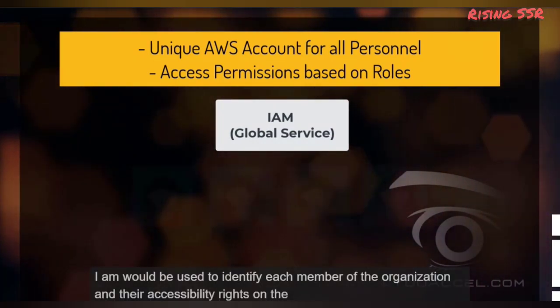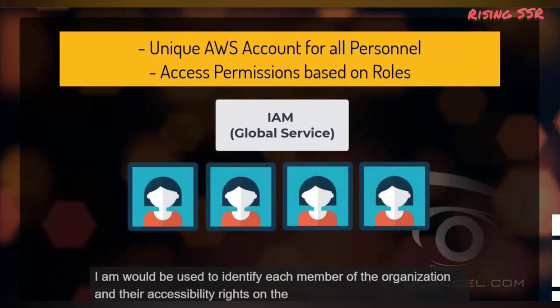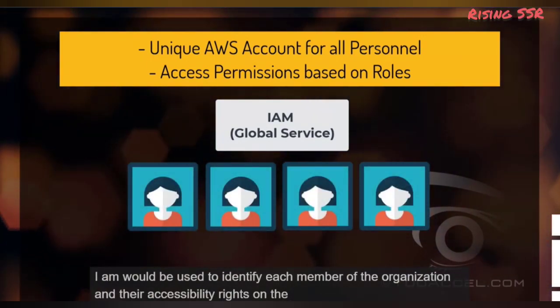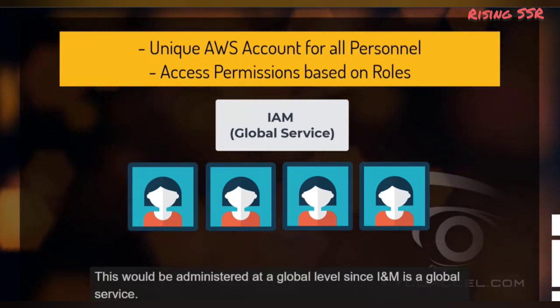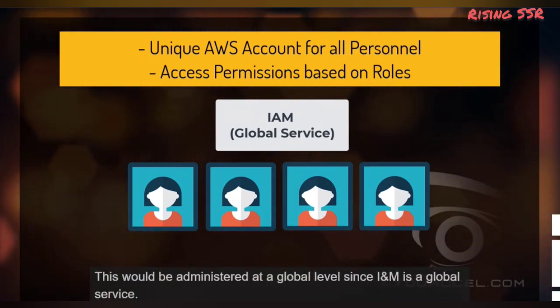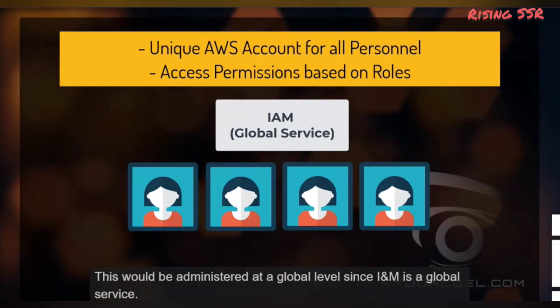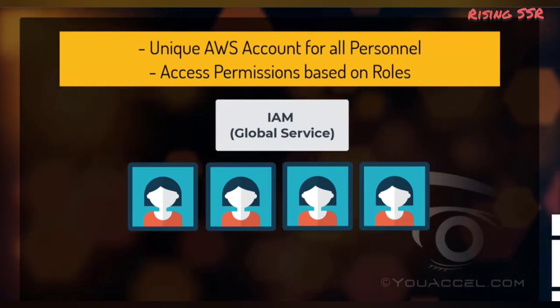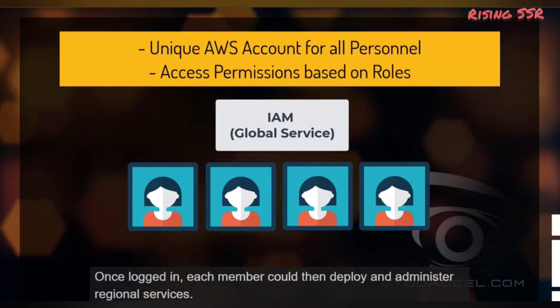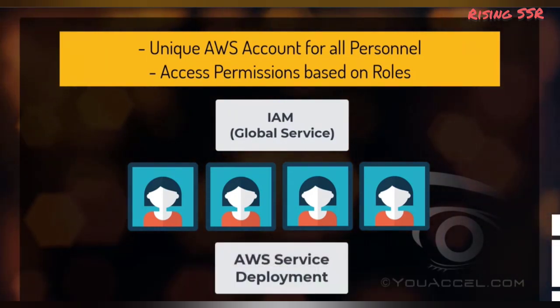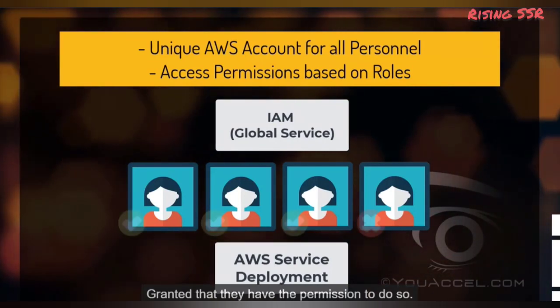IAM would be used to identify each member of the organization and their accessibility rights on the VPC. This would be administered at a global level since IAM is a global service. Once logged in, each member could then deploy and administer regional services granted that they have the permission to do so.